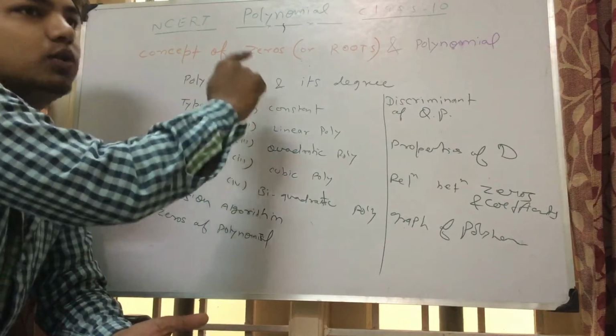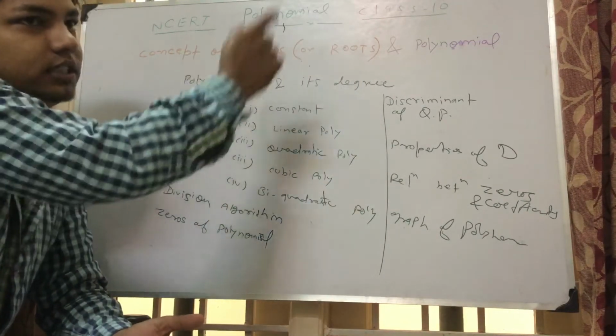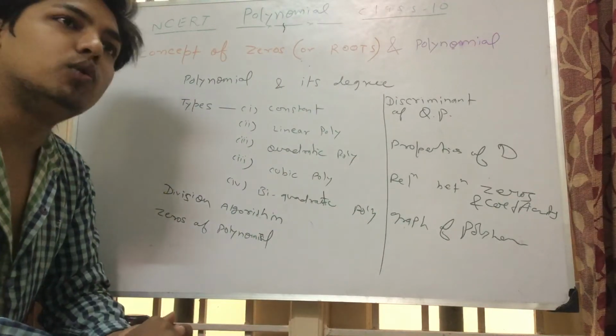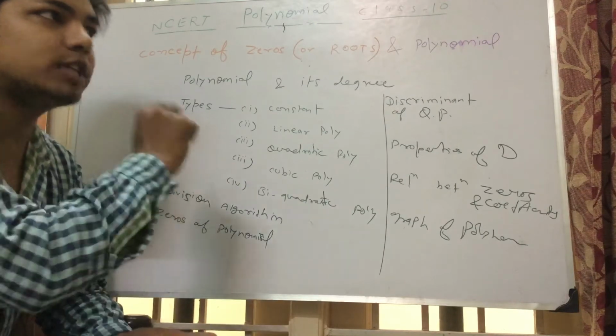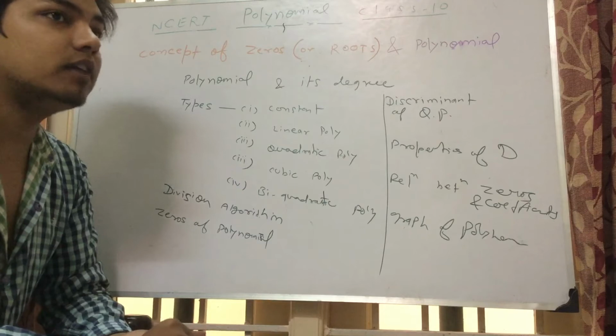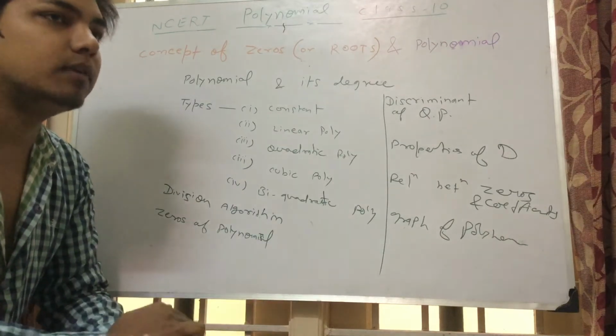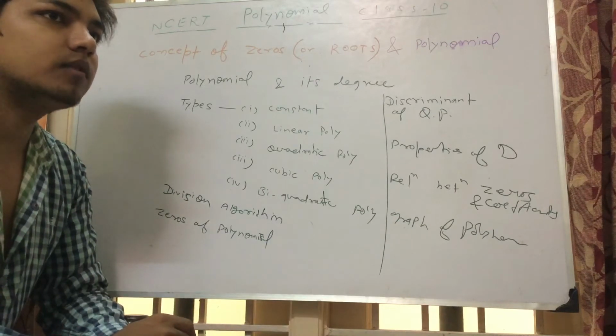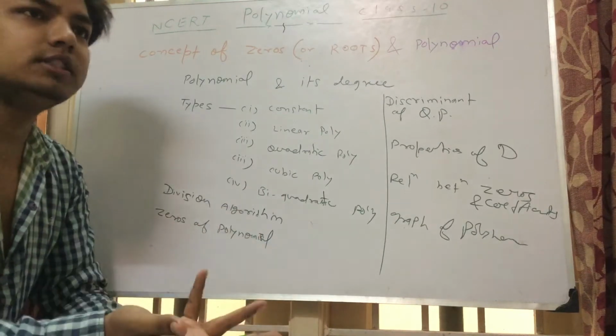Suppose I am writing x square, x cube. These are positive powers, right? Can it be a fraction? No, it cannot be a fraction, like x power 1 by 2, x power 1 by 3. Can it be a negative number? No, it cannot be negative. Now what about constants? Constants can be negative or positive, doesn't matter.